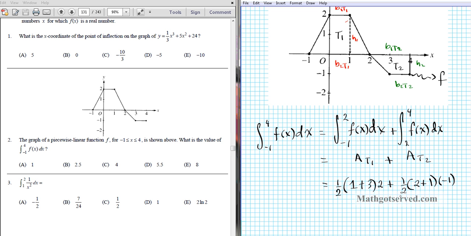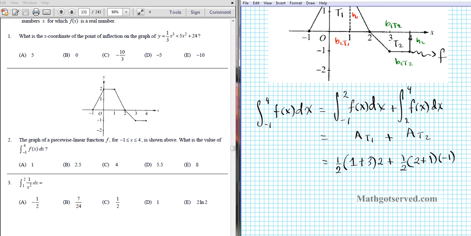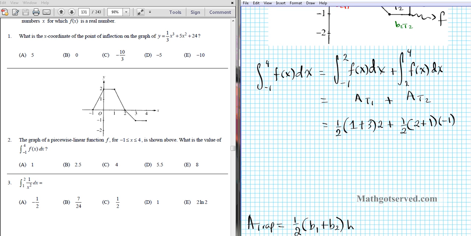So if we compute this, that should tell us what the answer is. Okay, so let's go ahead and do this arithmetic real quick. This is going to be 1/2 times (1 plus 3), which is 4, times 2 is 8, so 1/2 times 8, plus 1/2 times (2 plus 1), which is 3, times -3. So this is going to be 1/2 of 8, which is 4, minus 3/2.